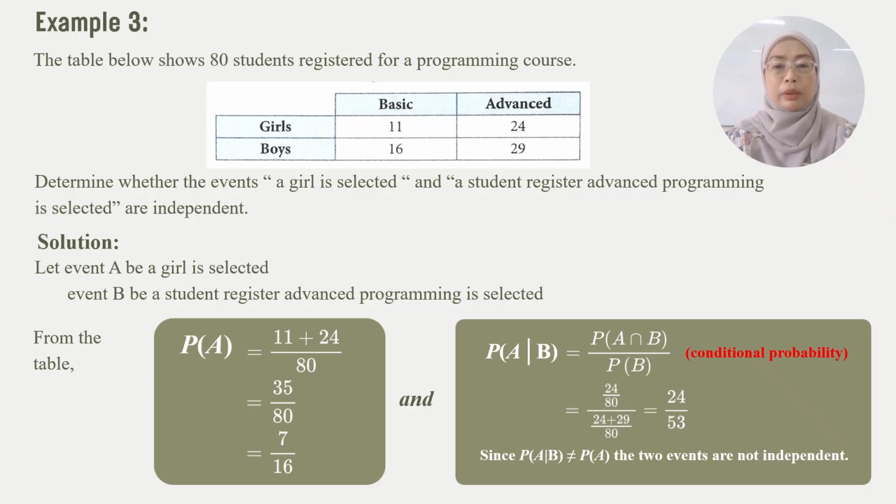The conditional probability formula states that the probability of A given B equals the probability of A intersection B over the probability of B. So, we just substitute the values from the table into the formula, and we get 24 over 53. Since the probability of A given B is not equal to the probability of A, therefore, the two events are not independent.